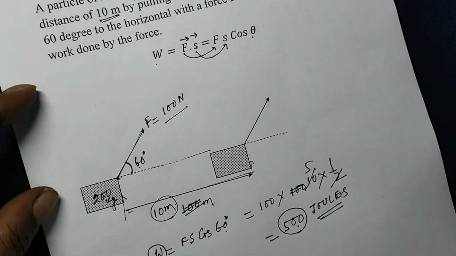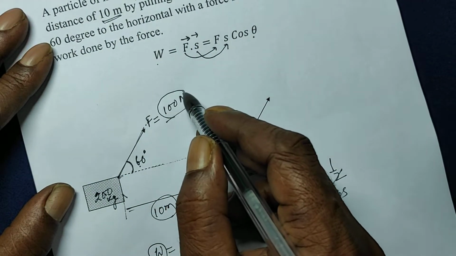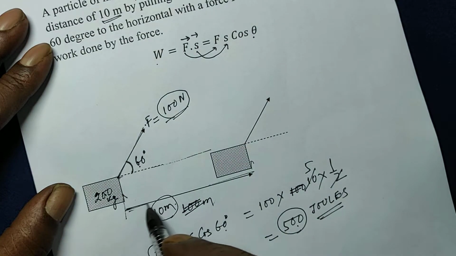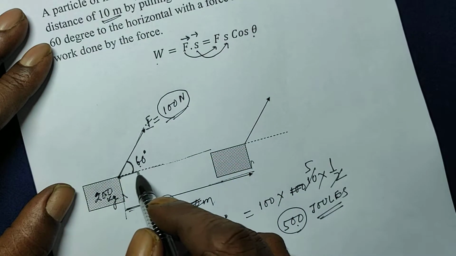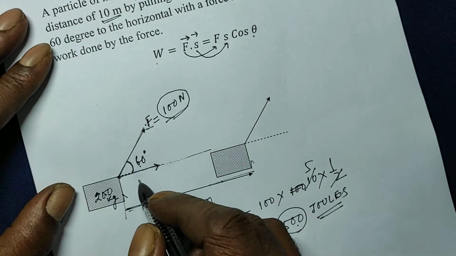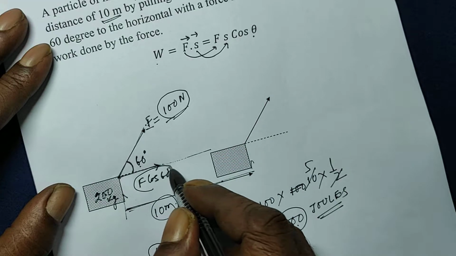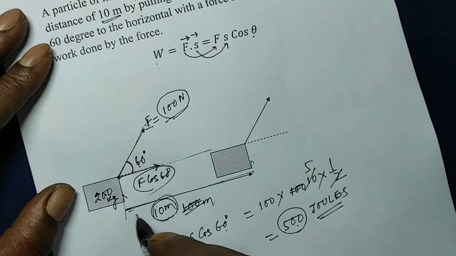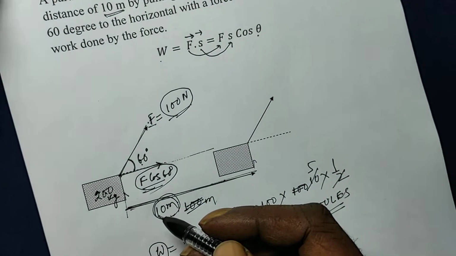You can look at it this way. If you consider the component of this force in the direction of displacement, then the component of this force to this side will be F cos 60, and this displacement is in the same direction as F cos 60.